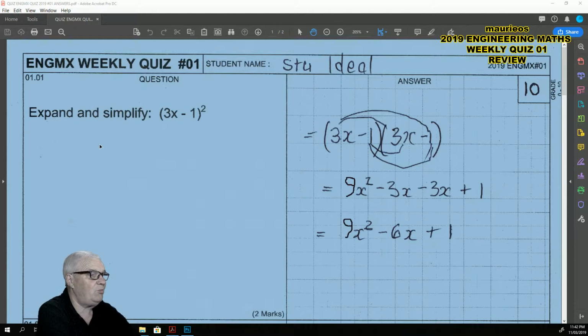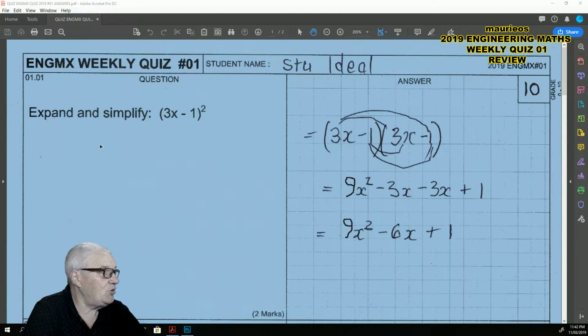It says expand and simplify. So expand suggests that we want to take the brackets away, and then simplify it down to make it as simple as we possibly can.